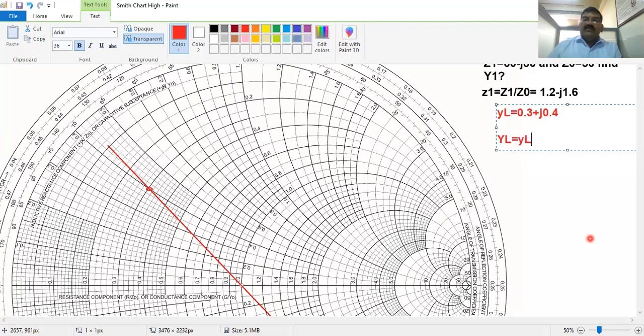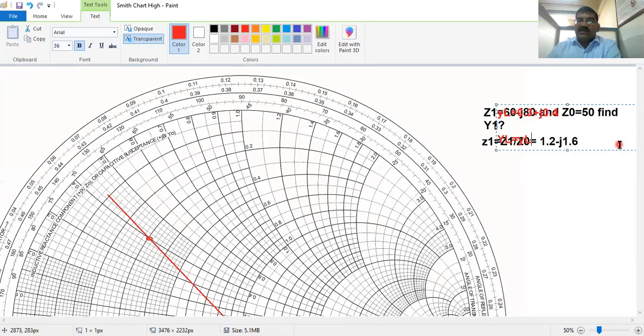While doing the normalization, we divided Z1 by Z0. If you want to do the denormalization, you have to put it back, so Z1 you have to multiply by Z0. Then you will get the previous actual number.